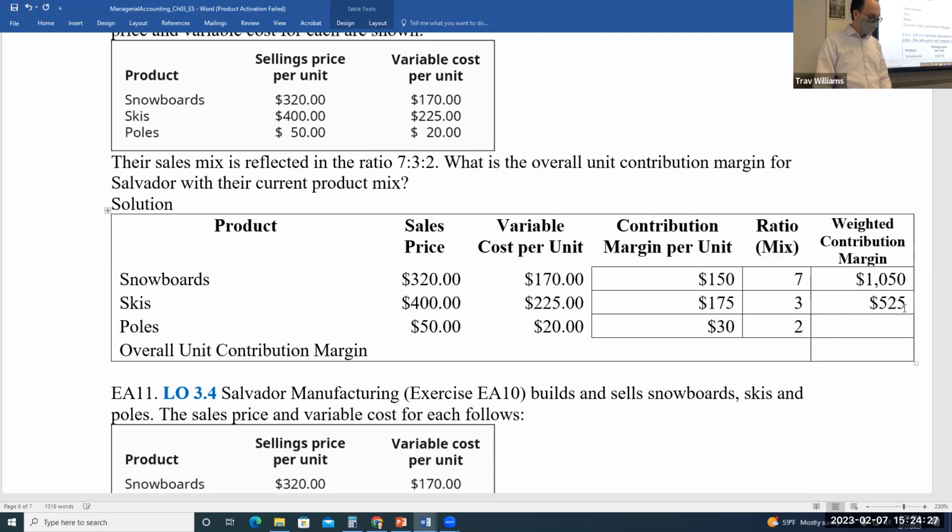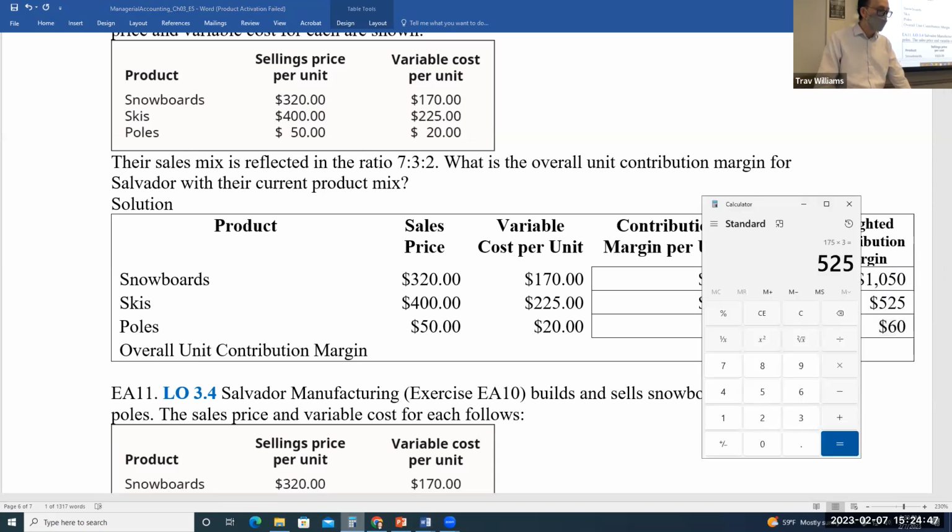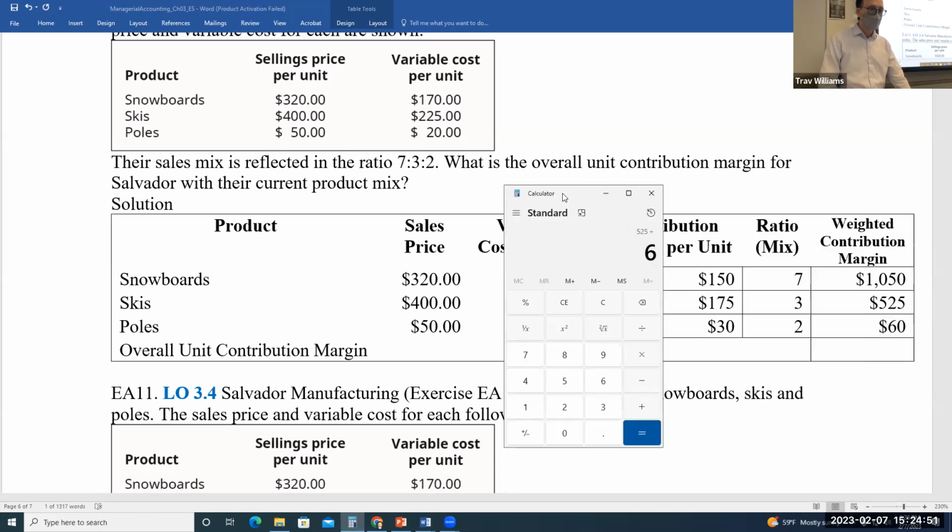And 30 times 2 obviously is 60. So in one composite unit, we're going to have 1,050 of contribution margin coming from the snowboards. We'll have $525 of contribution margin coming from the skis, and $60 coming from the poles. And we can add that all together and get our contribution margin per composite unit, 1,635.